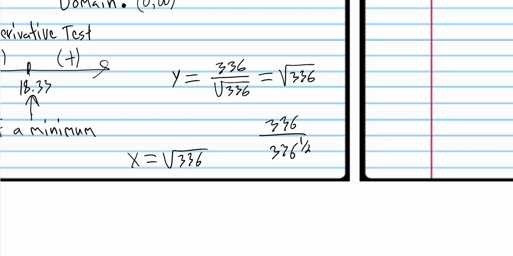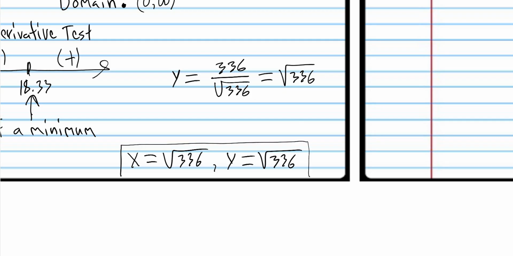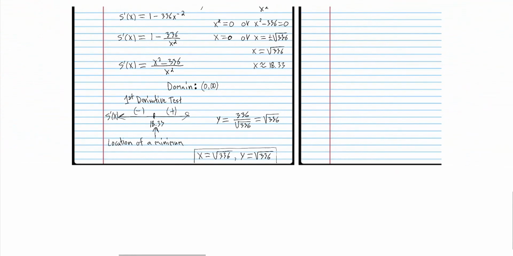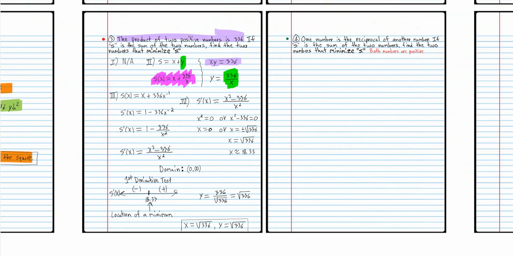Square root is 1/2 power. Then you just subtract these exponents and you get 1/2, which is root 336. So x is root 336 and y is the same number. Typically with these types of problems, the numbers end up being the same. So those are our answers. Those are the two numbers that minimize the sum.